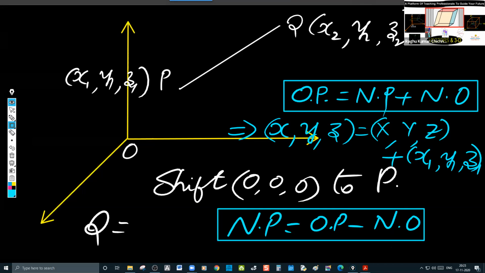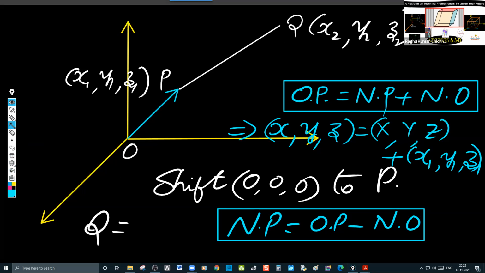What is the original point here? I want to write Q here. Now I want to write the transformed point of Q whenever we shift the origin to P. Then Q also changes.